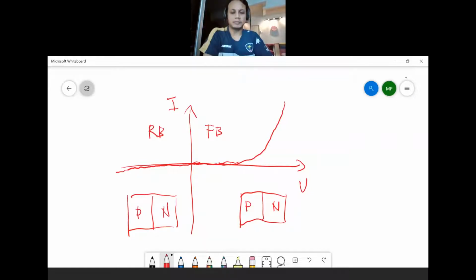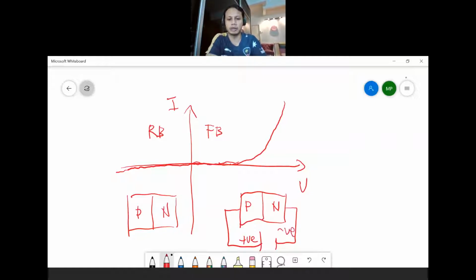Do you still remember? Where do you put your positive terminal on the PN junction for forward bias? Positive to P type, right? Positive to P type and negative to N type.